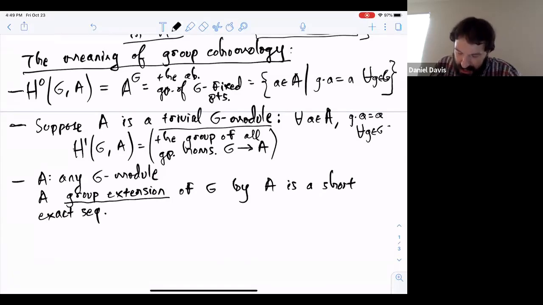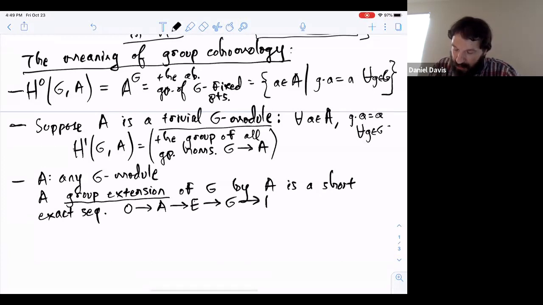So it's a short exact sequence that has the form 0 to A to E to G to 1. Okay, and this is a short exact sequence in groups.